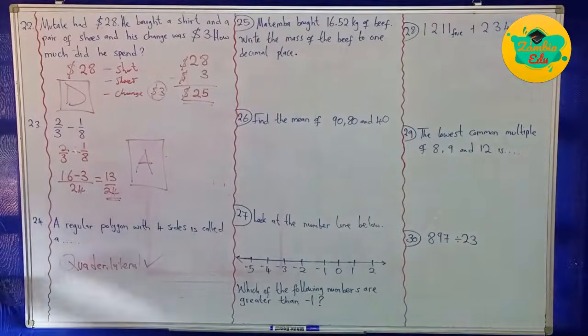And if we look at our multiple choice here, they told us A trapezium, B square, C rhombus, D parallelogram.